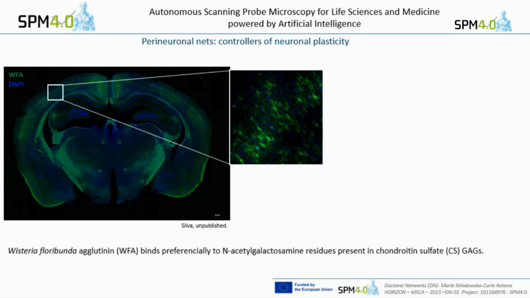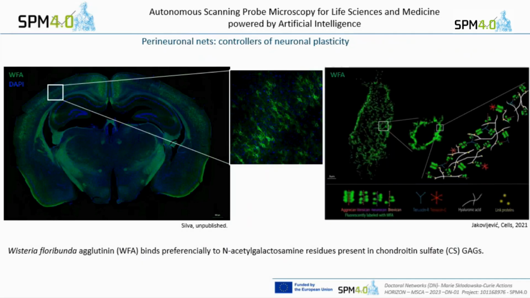There's also a high concentration of PNNs within the hippocampus of the mouse brain. That makes complete sense because these are the regions responsible for cognitive function. These perineuronal nets are responsible for neuroplasticity, or at least for preventing neuroplasticity. If we zoom in a bit further using super resolution microscopy, we can see this mesh-like structure of the PNNs, which basically visualizes the glycosaminoglycan chains of the chondroitin sulfate proteoglycan.